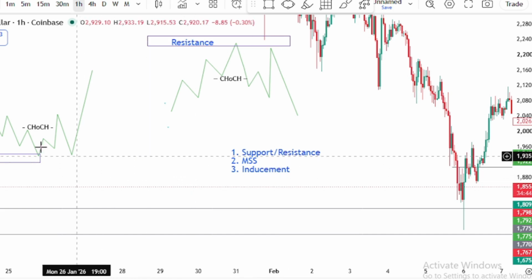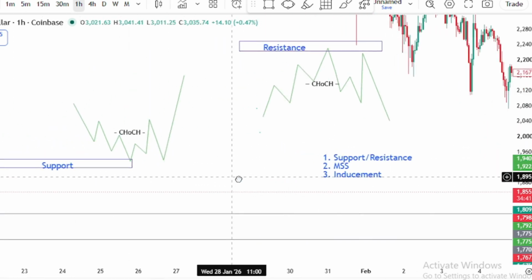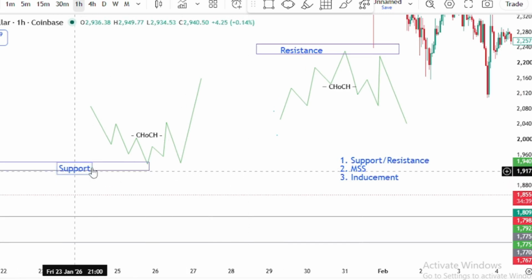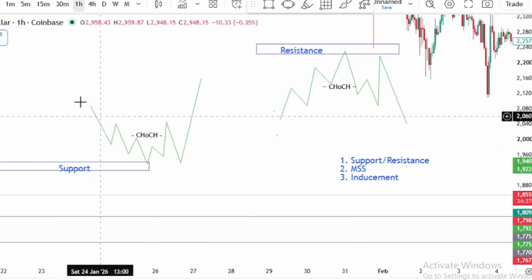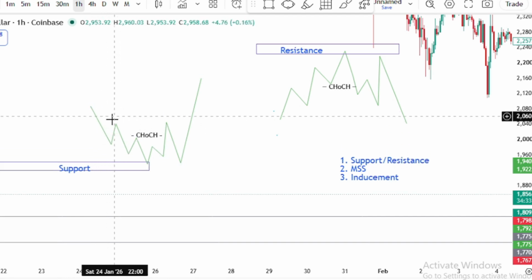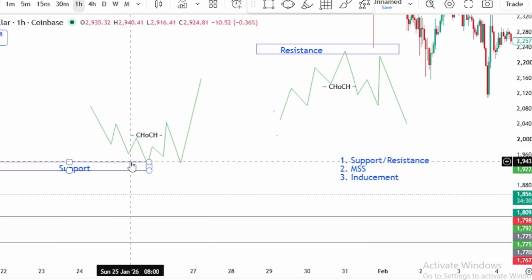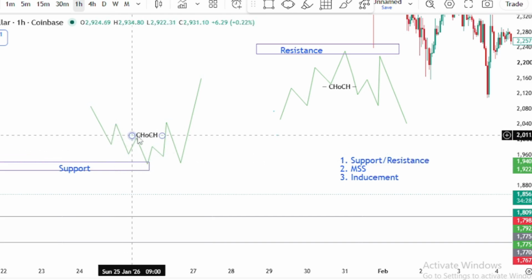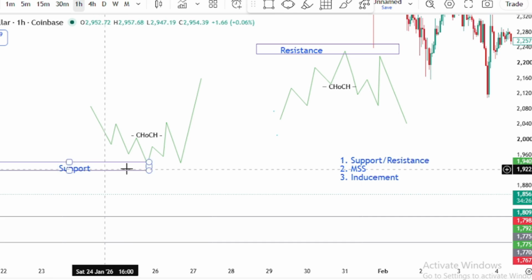Well, let's take the first example using this first diagram. As you can see, this is a support level. Price made a series of lower high, lower low, lower high, lower low, lower high, lower low, and got to the support level.